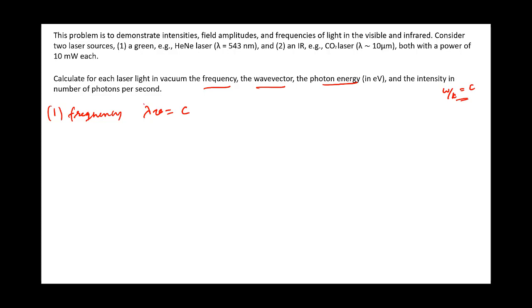So then we are given lambda for helium neon, that's 543 nanometers. We know the speed of light, so the frequency nu would be c over lambda, or that is 3 times 10 to the power 8 meters per second, divided by 543 nanometers, that is 10 to the power minus 9 meters. And meters cancel out to give you units of 1 over second, which are the right units for nu.